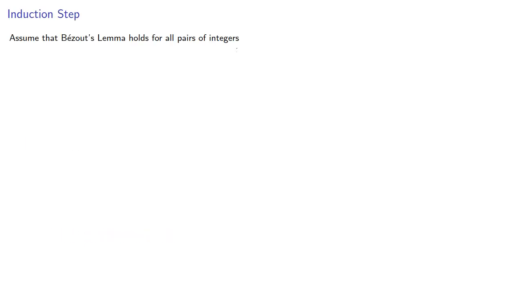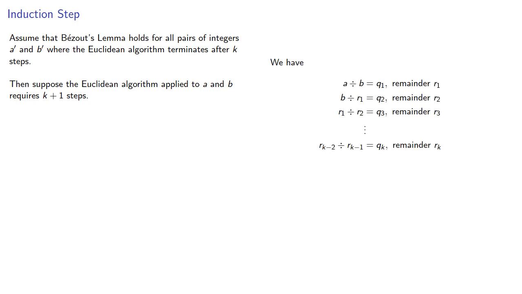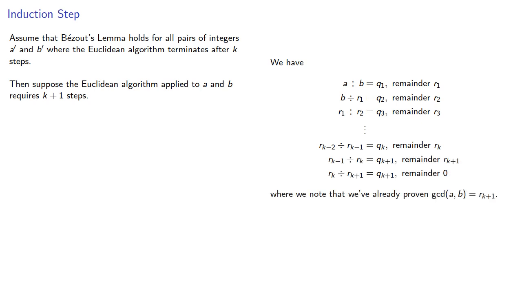Now assume that Bezout's lemma holds for all pairs of integers where the Euclidean algorithm terminates after k steps. Then suppose the Euclidean algorithm applied to a and b requires k plus 1 steps. So we divide and get a remainder, divide, get a remainder, and so on, and finally we get our k plus first remainder, which gives us an exact quotient and remainder 0.